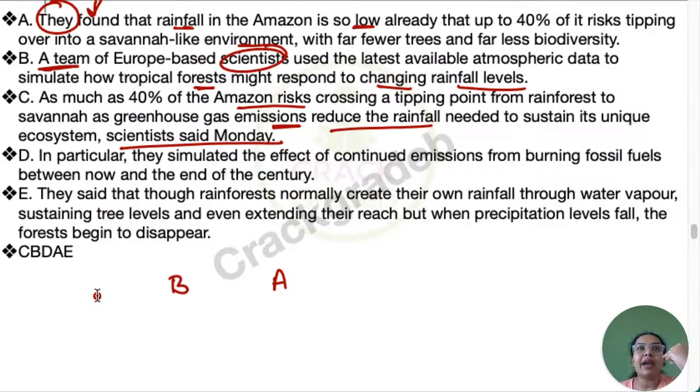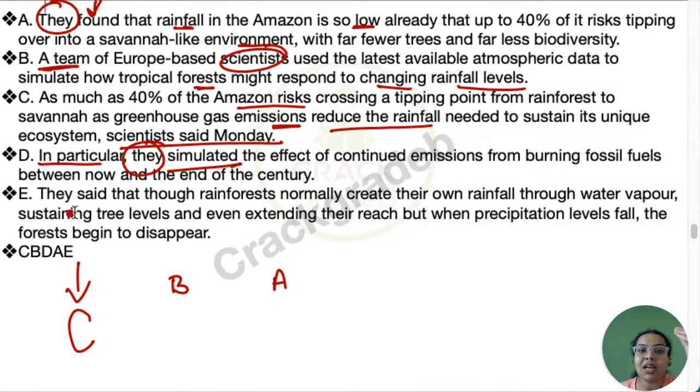Anything that happens, any definition, any person giving a statement of something that took place or might take place, usually those are the types of sentences they give us in the beginning. In particular, you give a general idea first and in particular they simulated.